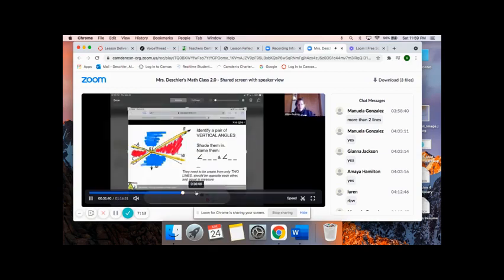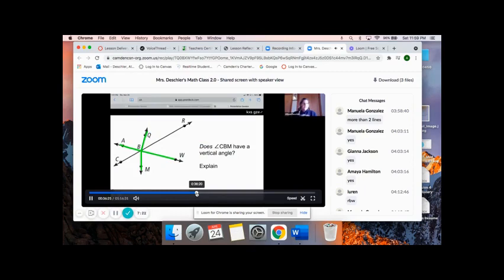Requirement. And then you have the ability to shade in the angles that are across from each other. Does that have a vertical angle? Everybody changed their answer.